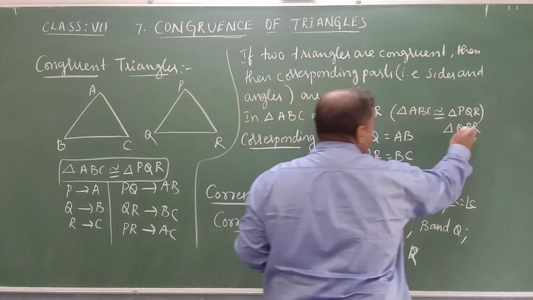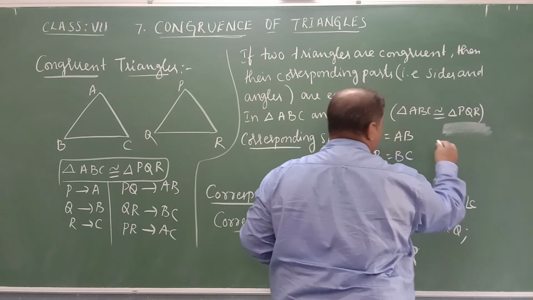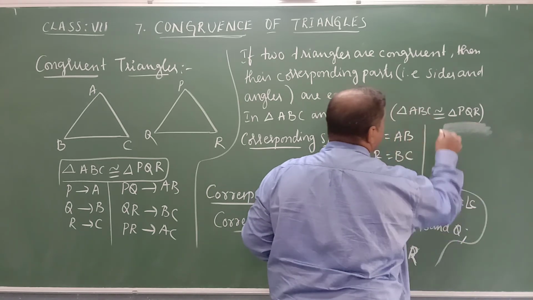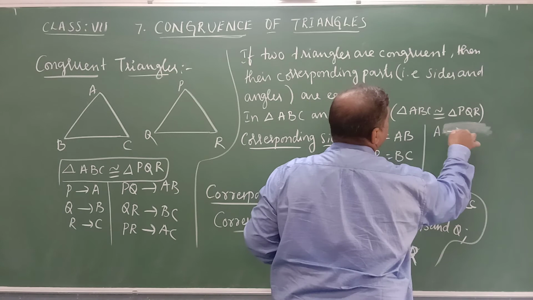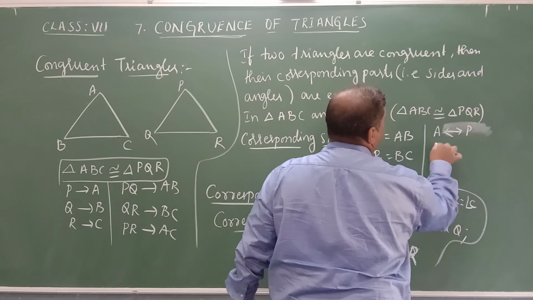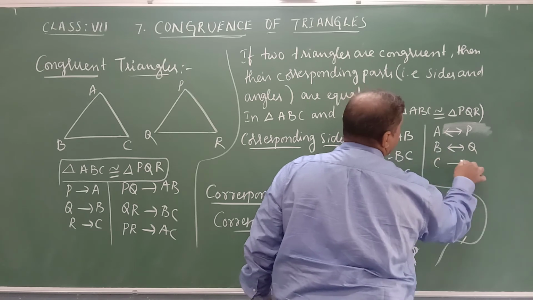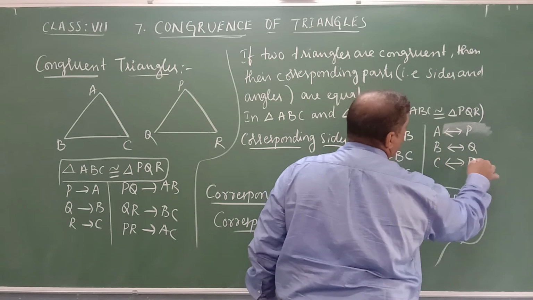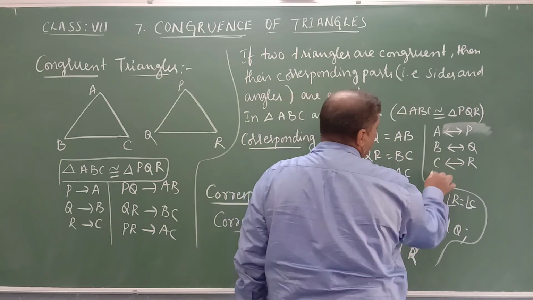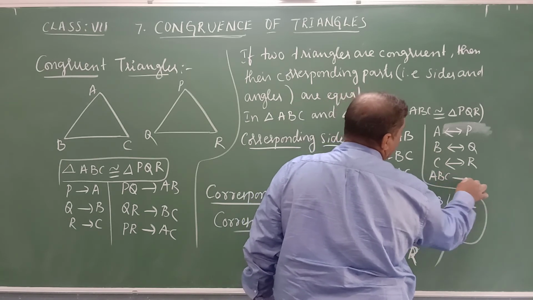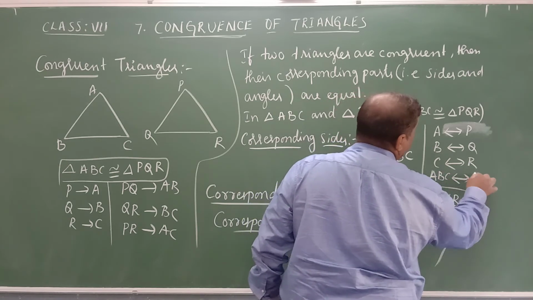So in this triangle, the correspondence is A corresponds to P, B corresponds to Q, and C corresponds to R. Overall we can write ABC corresponds to PQR.